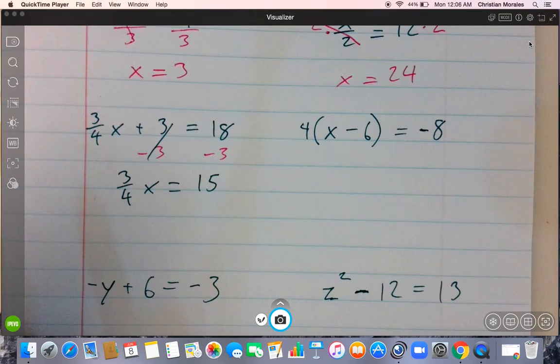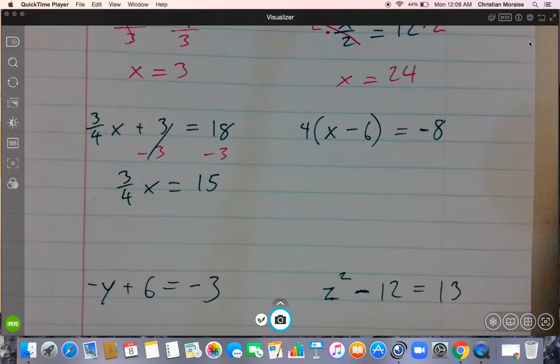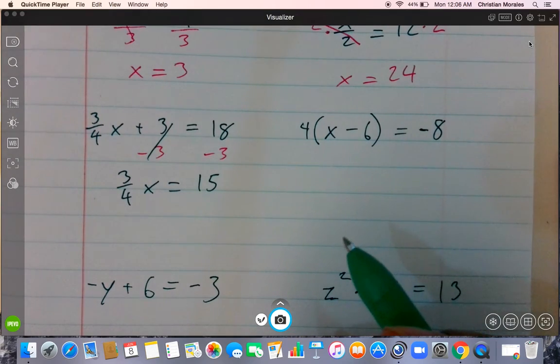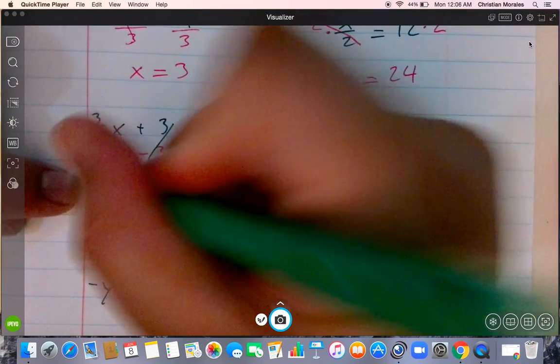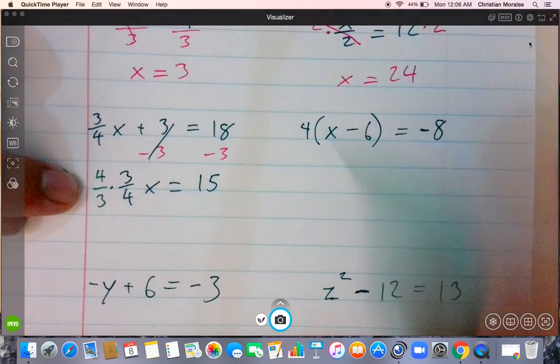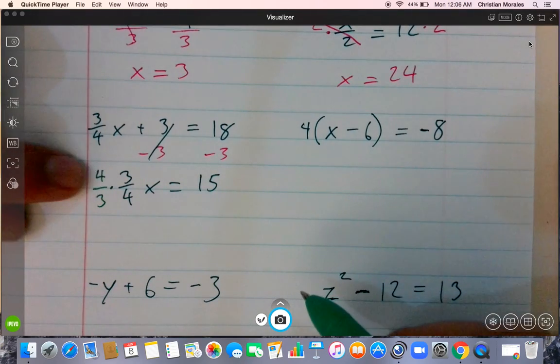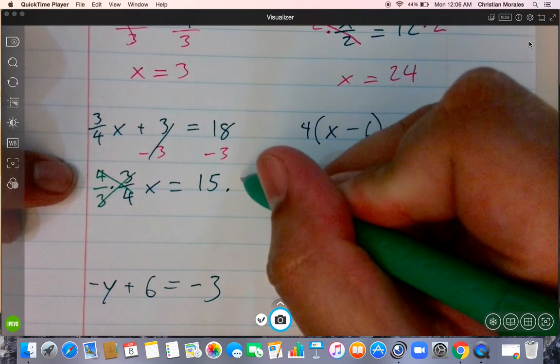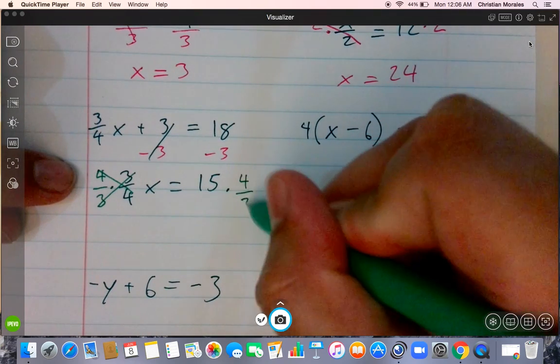Now, here we have a fraction. To get rid of the fraction, we use the reciprocal, the opposite fraction, the flipped version of this fraction, which is 4/3. That would be 12 over 12. They cancel out, gone. And whatever you do to one side, you do to the other.